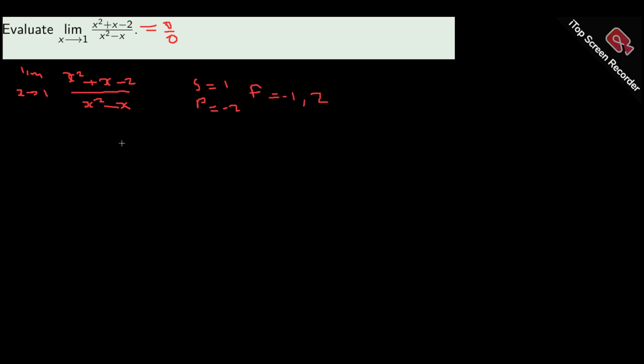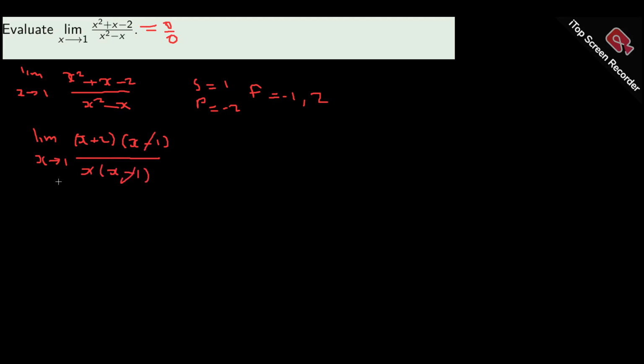So this is actually going to be equal to x plus 2, getting this guy, and x minus 1. Then over what I have here, I can factorize x so that I have inside the brackets x minus 1.